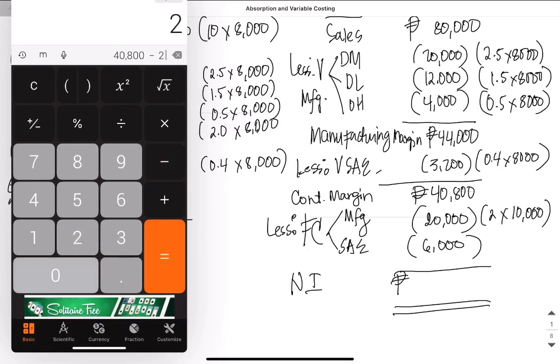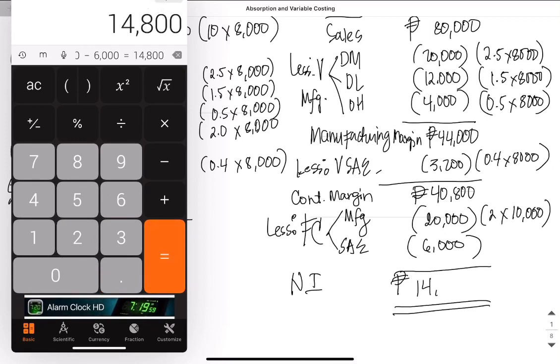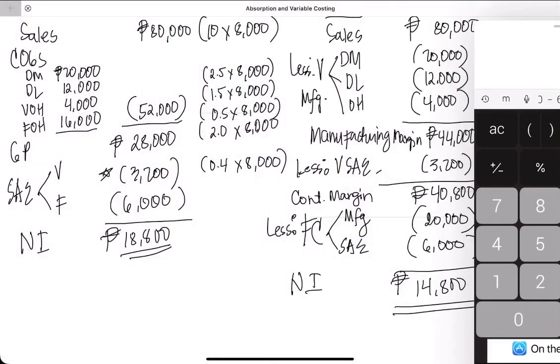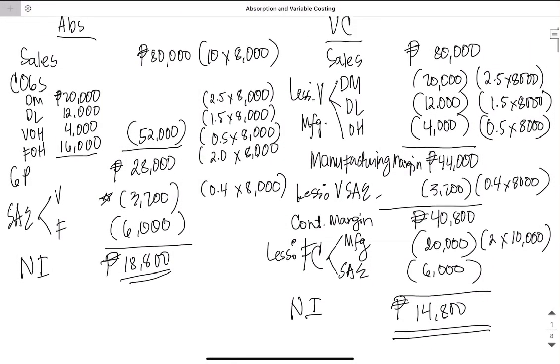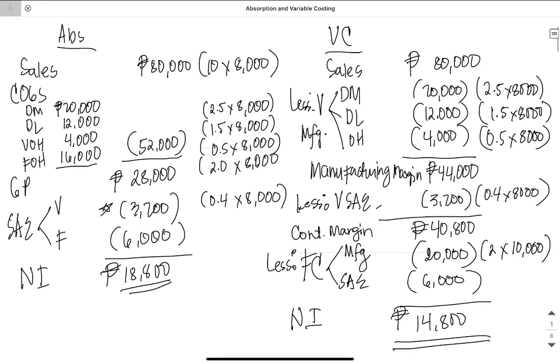40,800 less 20,000 less 6,000. Okay, so we have 14,800, same as what we have computed last time. However, in this solution, as you can see, for direct materials, 20,000, it's just the same.